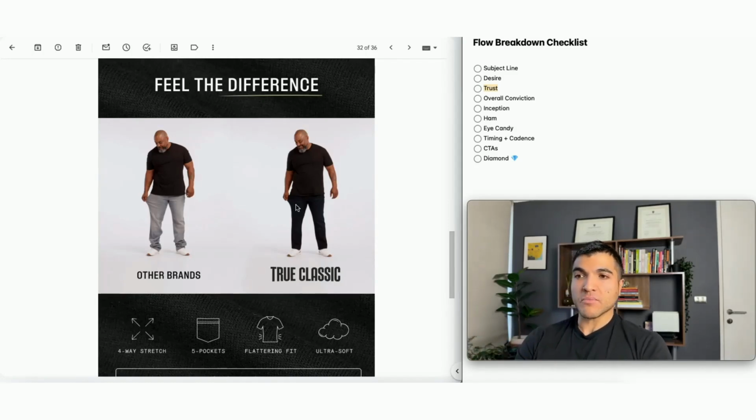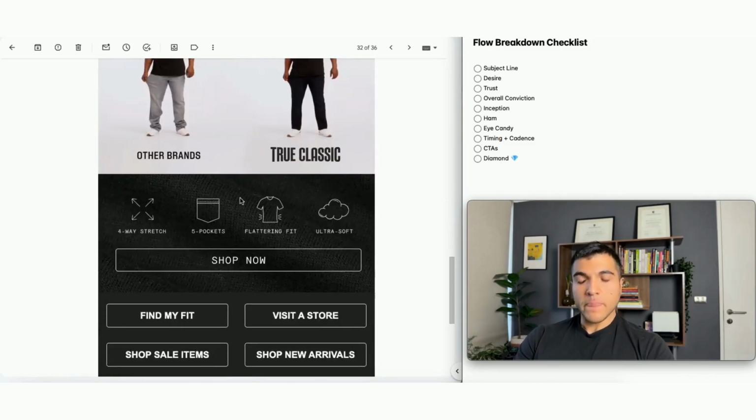Demonstrations help build trust. But again, these are the 2 sequences. They are okay-ish, not ideal. They are leaving 6 figures on the table each month very easily at their size by not making these emails better. Again, I'll see you in the next video.